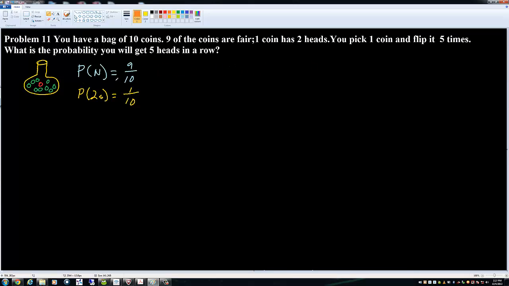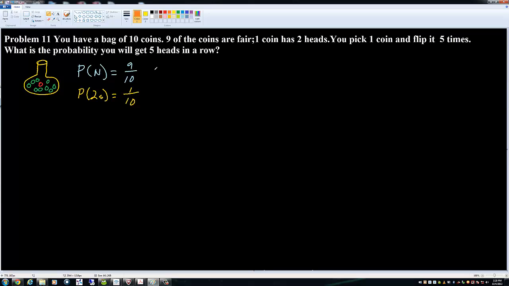If we're trying to answer the question of the probability of getting 5 heads in a row, what we would need to calculate is the probability of getting 5 heads in a row if we pick the normal coin, added to the probability of getting 5 heads in a row if we pick the two-sided coin. We don't know which one we're going to pick. So let's divide this into 2 arms. What is the probability of getting 5 out of 5 heads if we pick the normal coin?